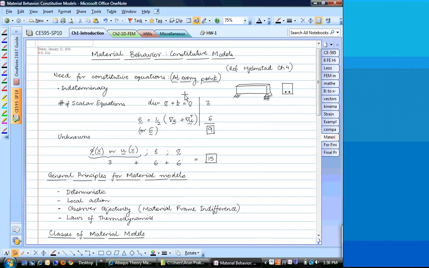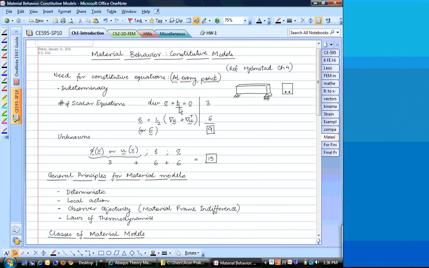So the point here I'm trying to make is that at each and every point you have to satisfy this equation, and you have to satisfy the strain displacement relationships. So the number of equations that you have in this case is 3 for the equilibrium.